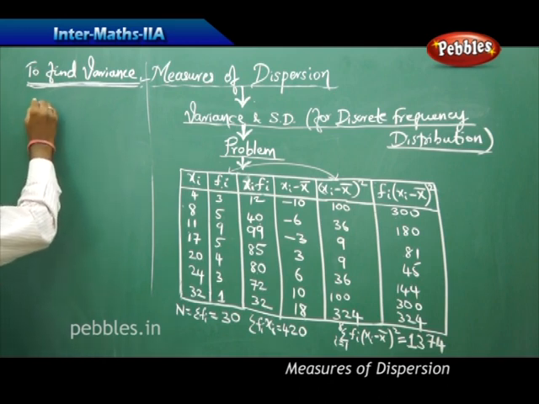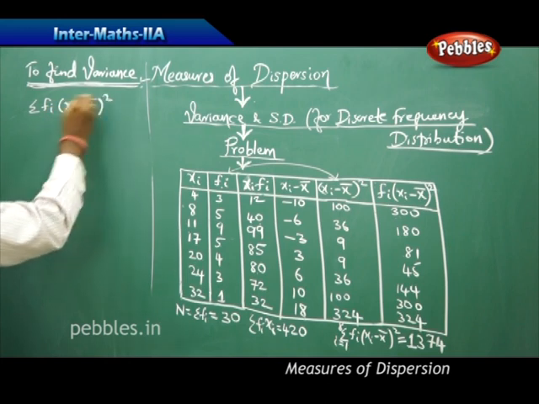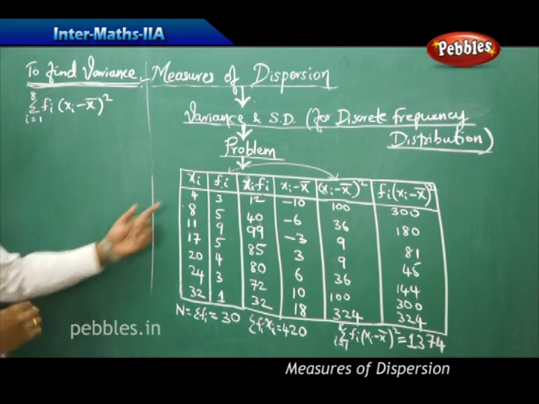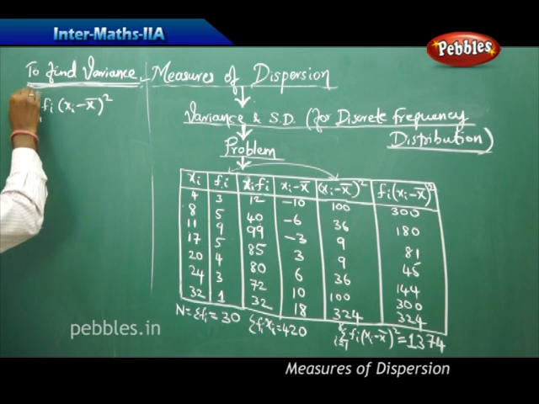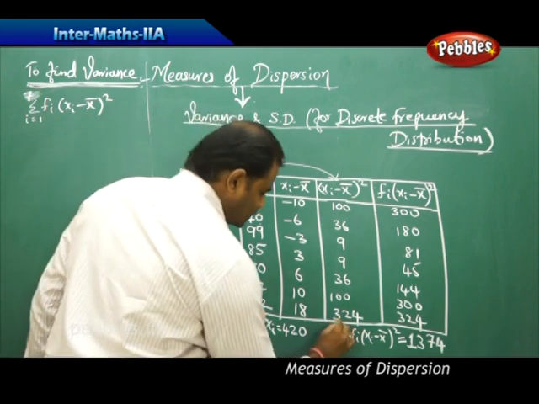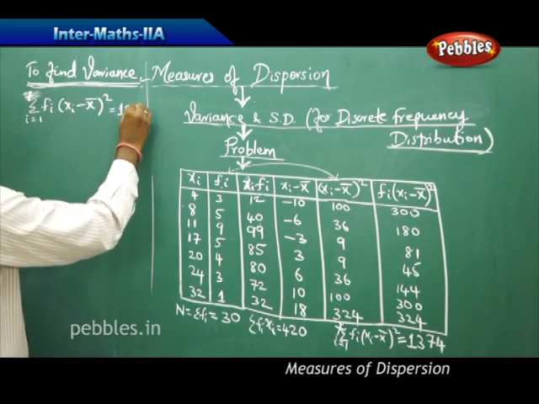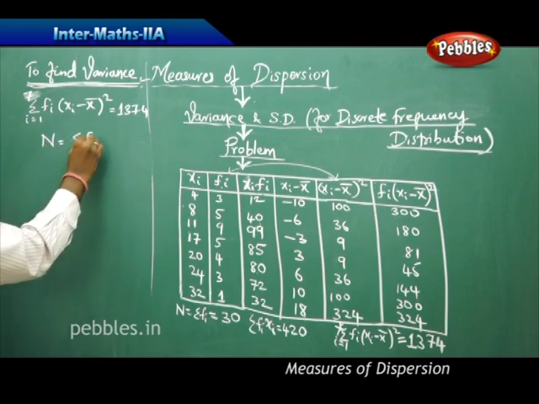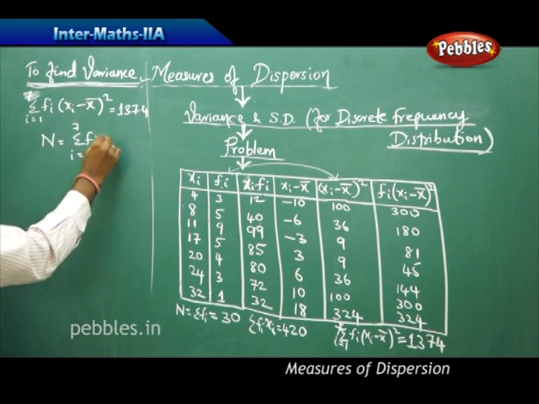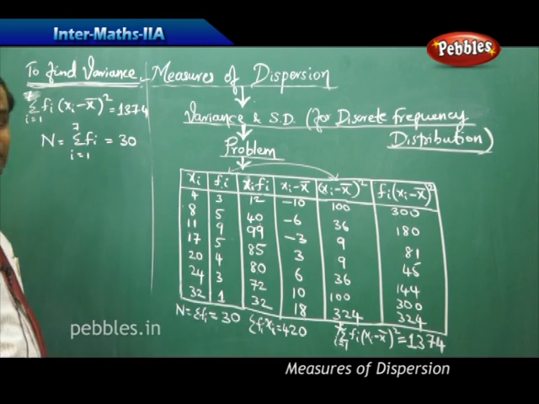Before that we have found sigma fi xi minus x bar whole square, i running from 1 to 7, sorry, there are 7 scores, of this is 1374, and my n, which is sigma fi, i running from 1 to 7, is nothing but 30. Using these two, let's see how we can find the variance of the given problem.